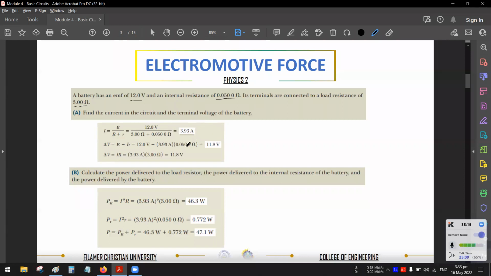Pero ideally, di ba? Ideally, we will neglect this internal resistance. Yung current nito would be just equal to 12 volts over resistance na 3, na R. This is ideal, or that is you have 4 amps ideally. But in real, since meron tayong given na internal resistance ng battery, we only have 3.93 amperes. So kung i-round off mo siya, mostly nasa 4 amps din siya, di ba?